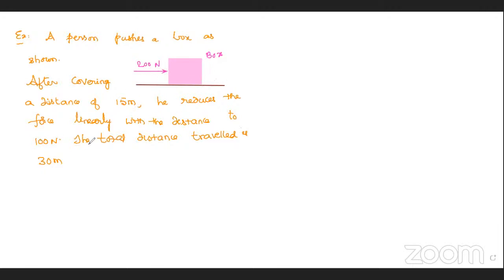Next 15 meters, variable force, changing from 200 to 100 linearly. Then what is the total work done by the person? This was one question previously given in an exam.